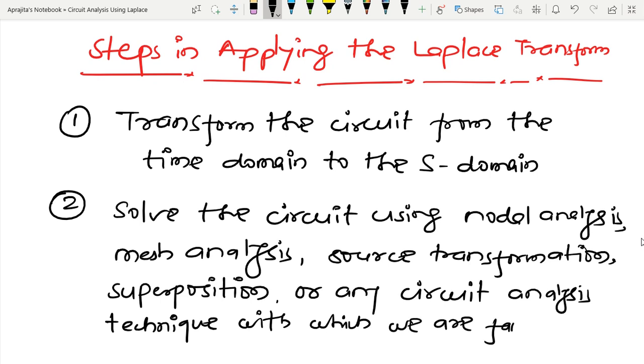So whatever standard technique I have learned so far, I can use to handle these kinds of problems.